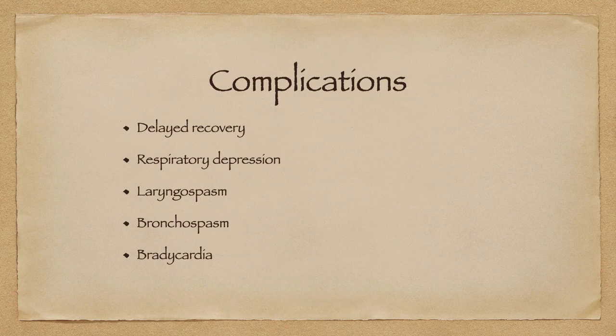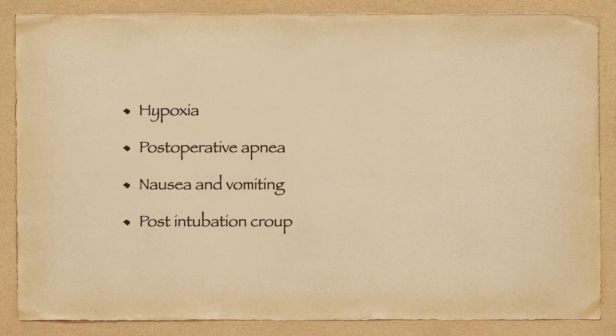Okay, so what are the complications you see in these pediatric patients? Delayed recovery, respiratory depression, laryngospasm, bronchospasm, bradycardia, hypoxia, postoperative apnea, nausea, vomiting, post-intubation croup. These are a few complications you can see.